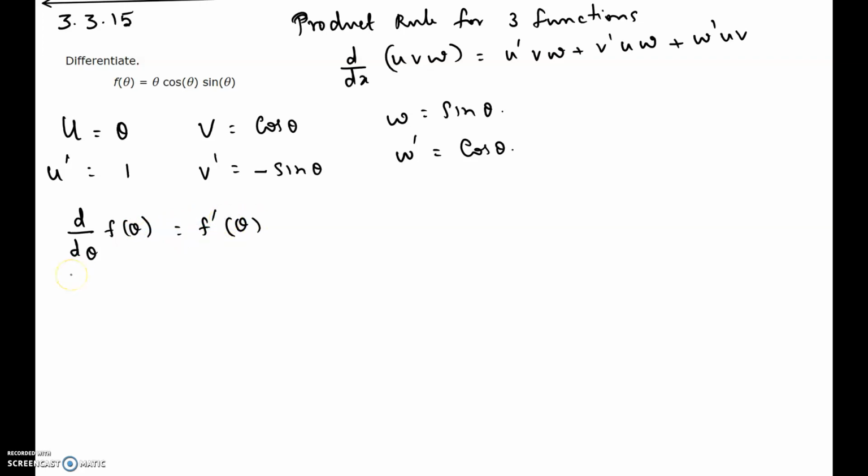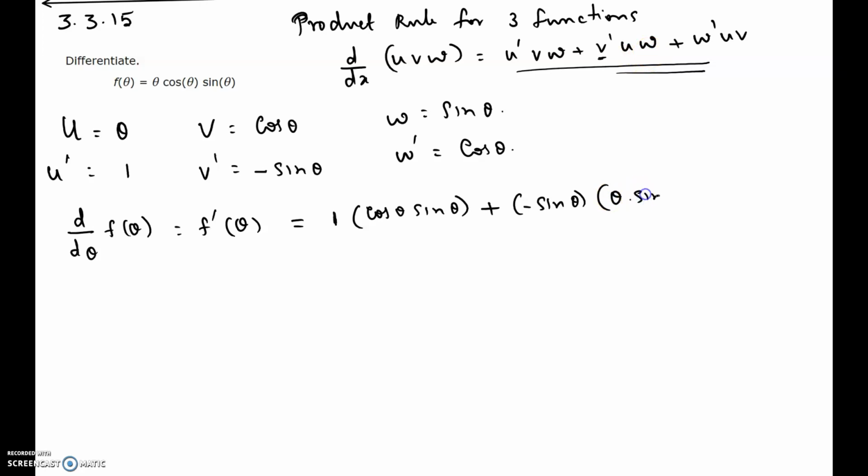F prime theta, using this formula that we have written here, is u prime, which is 1, times v times w, that is cosine theta times sine theta, plus v prime, which is negative sine theta, times u times w, u is theta, w is sine theta, plus w prime, which is cosine theta, times u times v, theta times cosine theta.